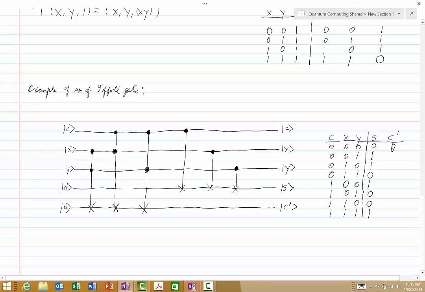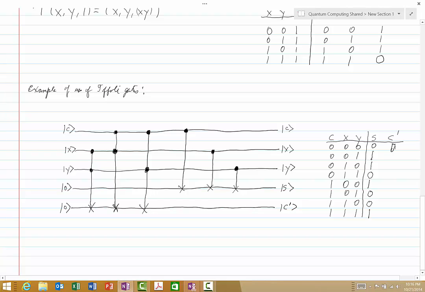Okay. Now, for the next line, when C and X are both 0 and Y is equal to 1, well, in fact, I guess we can go ahead and reason very quickly. For C prime, since it's controlled entirely by Toffoli gates, and Toffoli gates require at least 2, all 3 of these Toffoli gates will require at least 2 of the 3 variables C, X, and Y to be 1, then whenever we have just one of those equal to 1, this 0 is going to go all the way through and C prime will be 0.